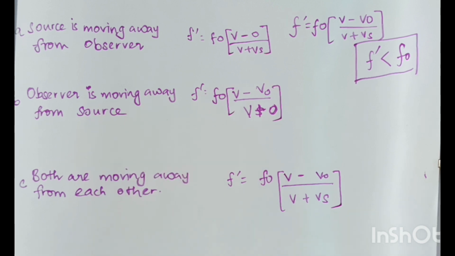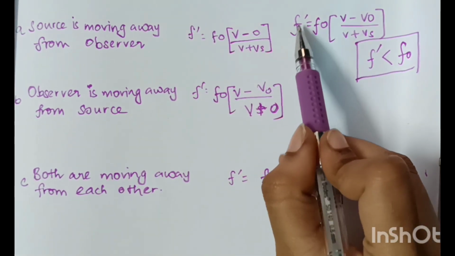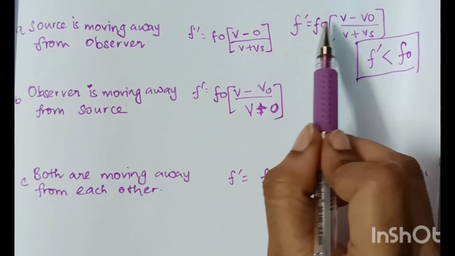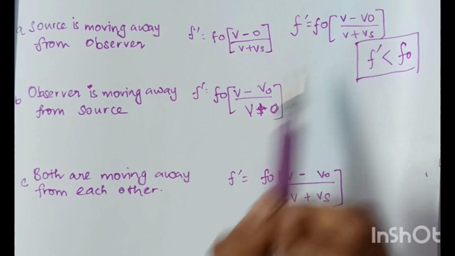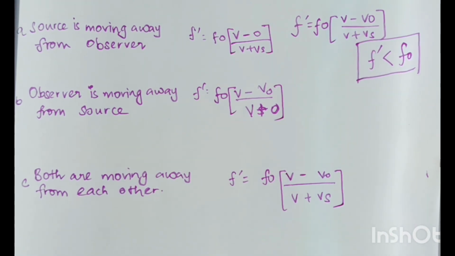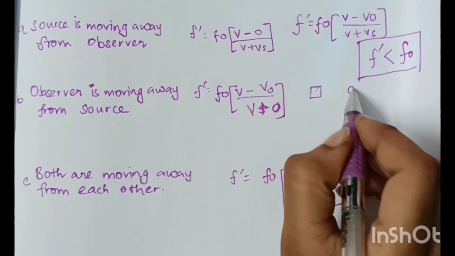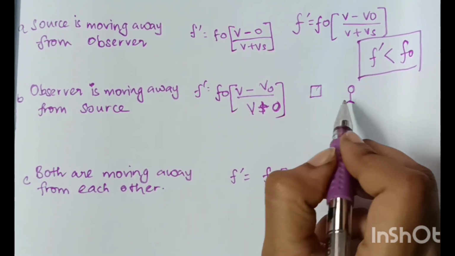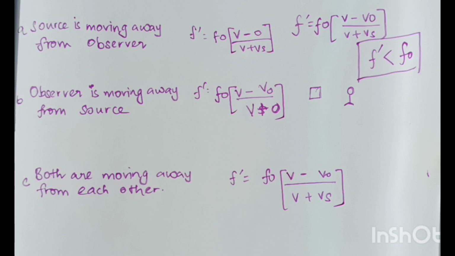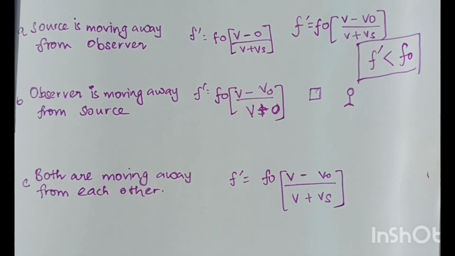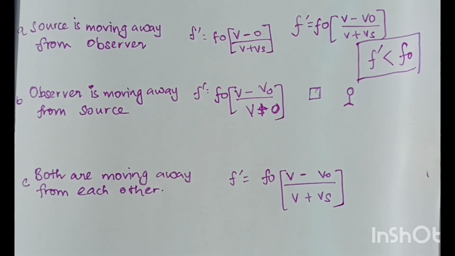Now in this case, what is the general formula? It is f dash equals fo into (v minus vo) by (v plus vs). Why do we write like this? Because suppose this is the source and this is the observer, and you are moving away from the source, then you hear decreased sound.